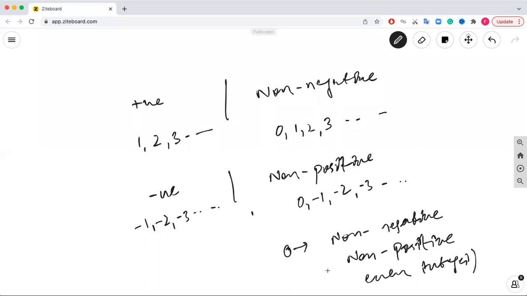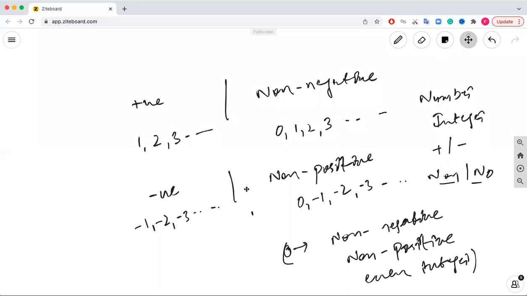Whenever you get any question, just pay close attention to the actual word used in the question, whether that is just a number or integer or positive or negative integer or non-positive or non-negative integer. Just a simple word can change the whole question, right?